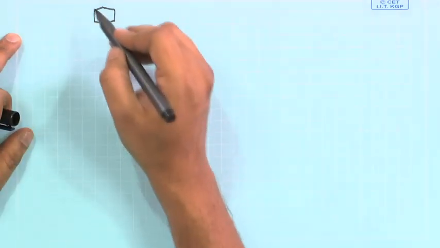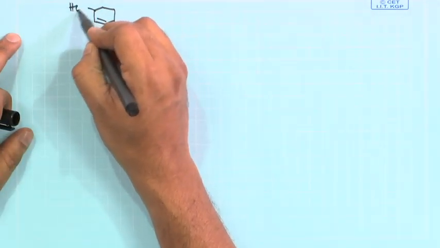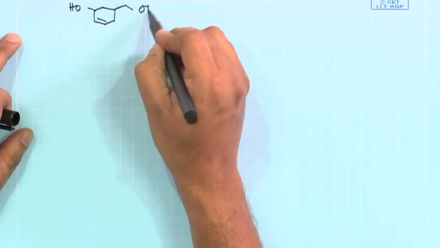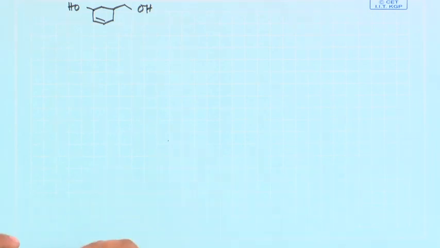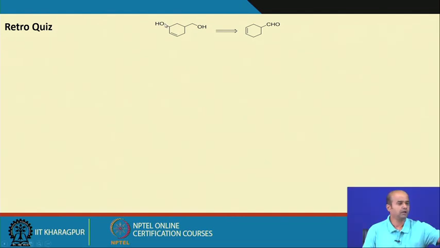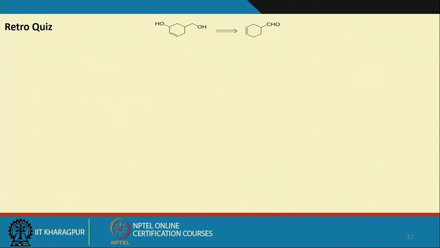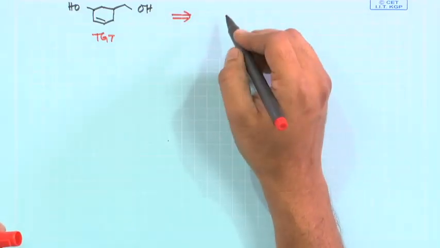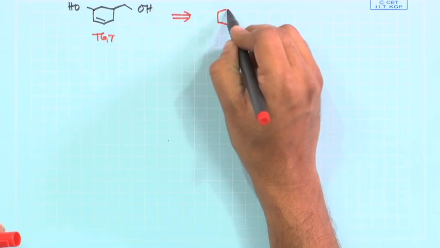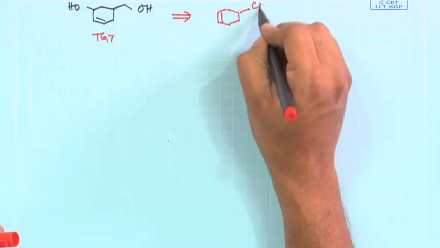You will see the structure is a cyclohexane-based compound, and if you look closely, you will find two functional groups attached: a secondary hydroxy as well as a primary hydroxy. So, both the groups are there. The target molecule which was given to you is this one, and the starting material was a cyclohexene-based carboxaldehyde.